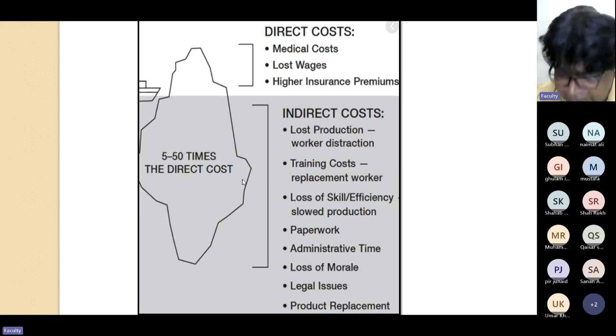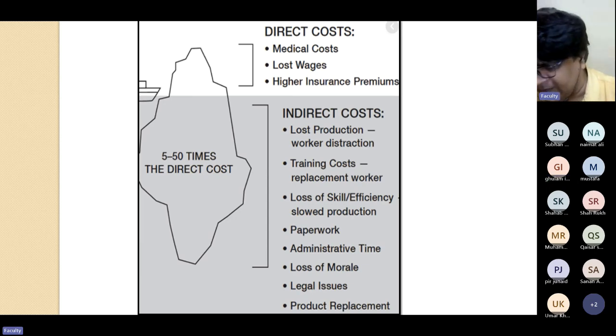Indirect cost means which you cannot actually calculate properly. For example, when the production is lost, suppose the production is not done due to an accident for 3 days or 4 days or 1 week, during that time your product is not going to the market.